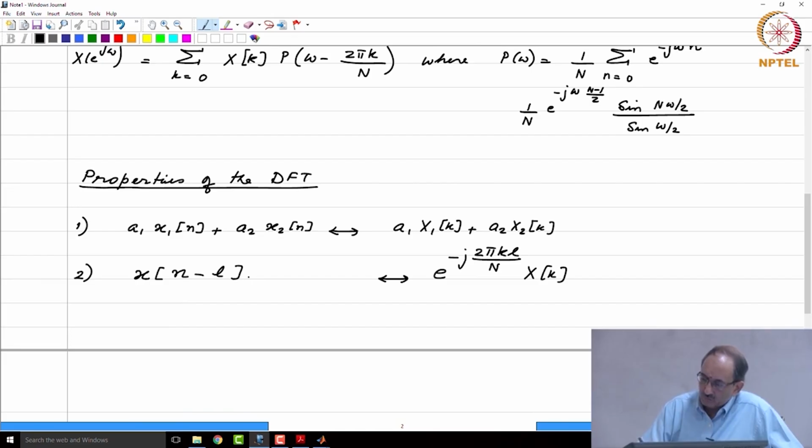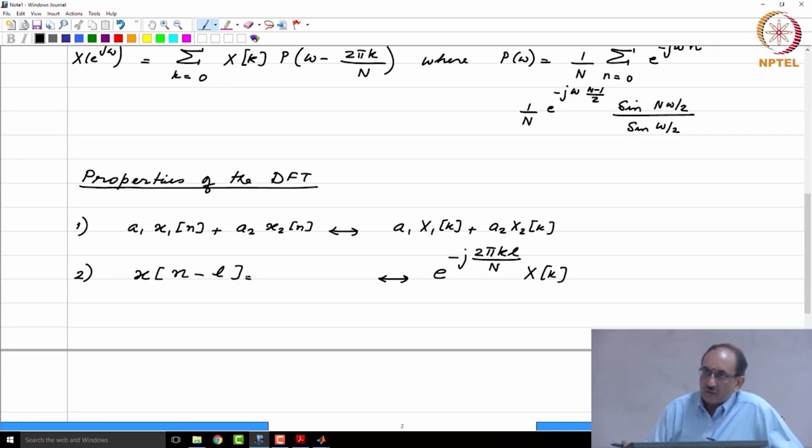But note that, remember I had mentioned, because both the time domain signal as well as the transform are periodic, you need to concern yourself only with indices in the range 0 to cap N minus 1, where cap N is the periodicity.